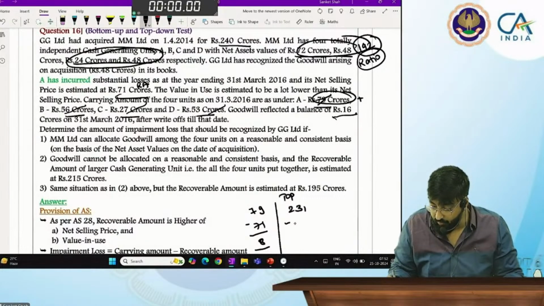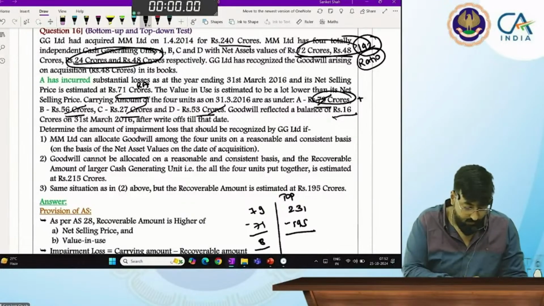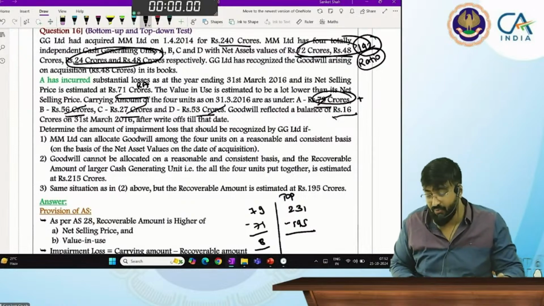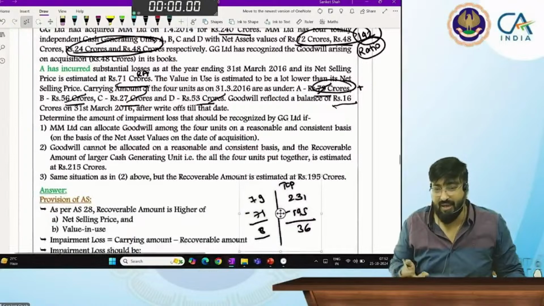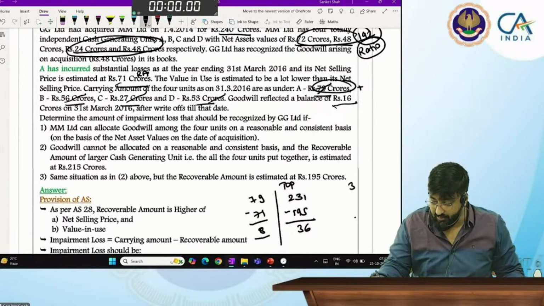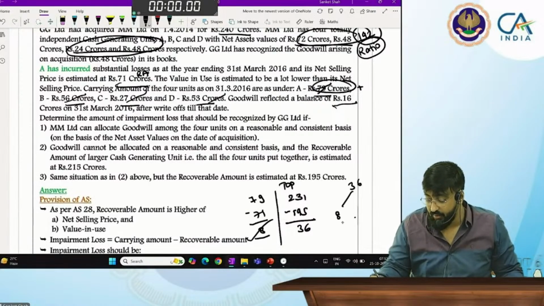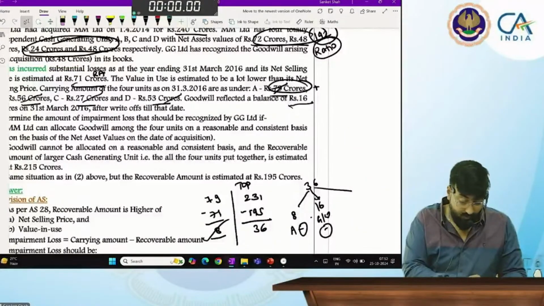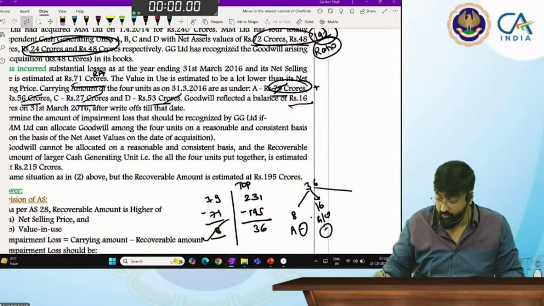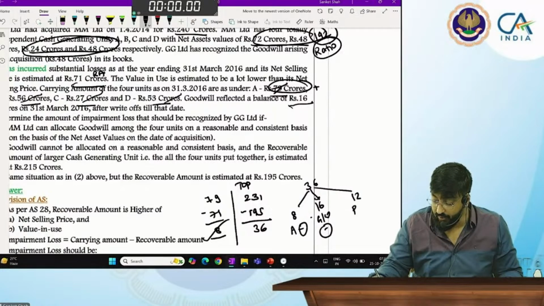And what is the overall impairment? 231 minus 195, 36. Easy, right? Last one. Of the 36, 8 is already deducted, 16 of goodwill is deducted, and the balance is 36 minus 24, 12, in the ratio of carrying amount of the other assets, other CGU.